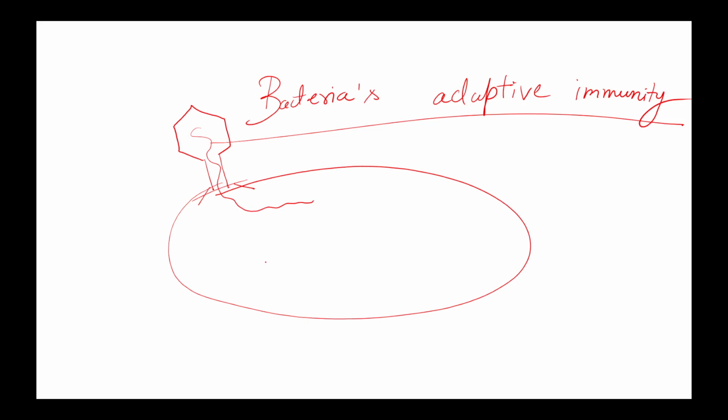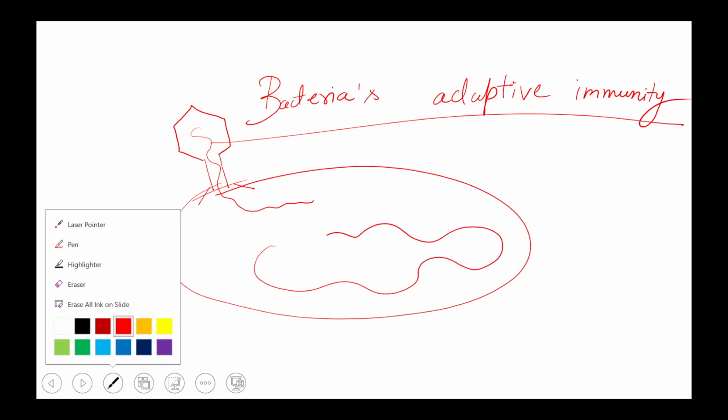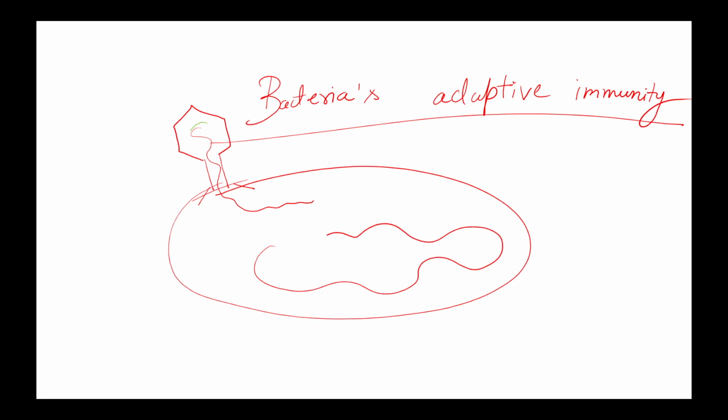Okay. So inside the bacteria's genomic DNA, some chunk of the phage's viral DNA gets incorporated into the bacterial DNA.